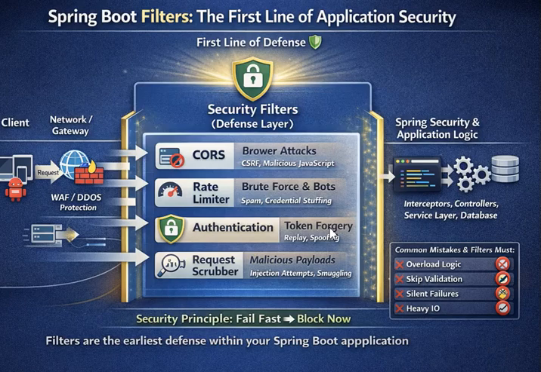Basically, it is used on methods to force that method to check for authorization before performing the method. And we're going to see something similar when we look at our own implementation. But again, it is very important to follow this order, so take note of it. We have CORS, rate limiting, authentication, and request scrubber.